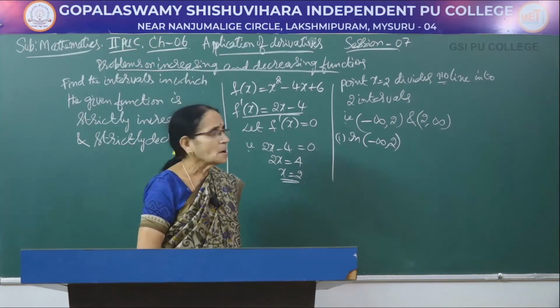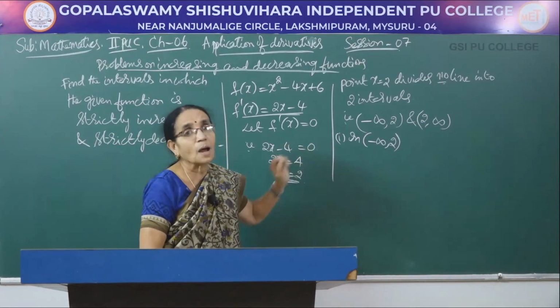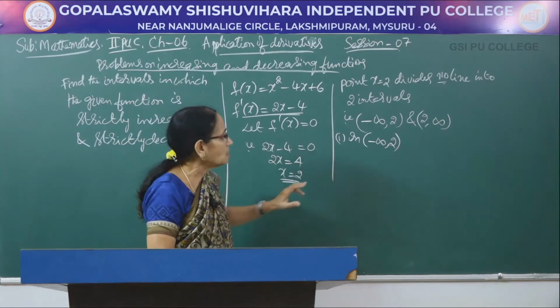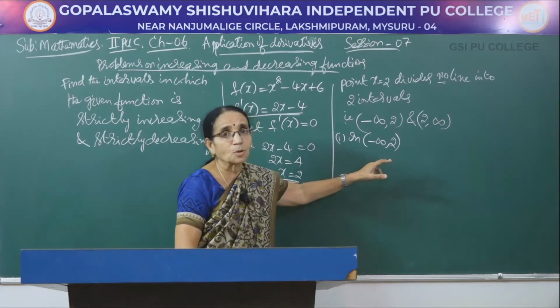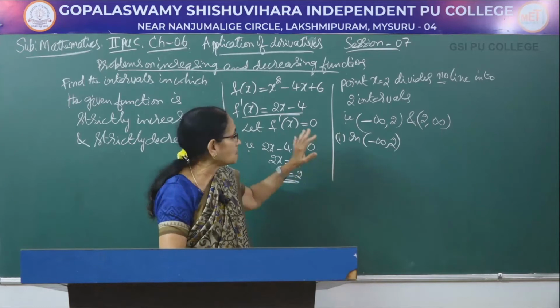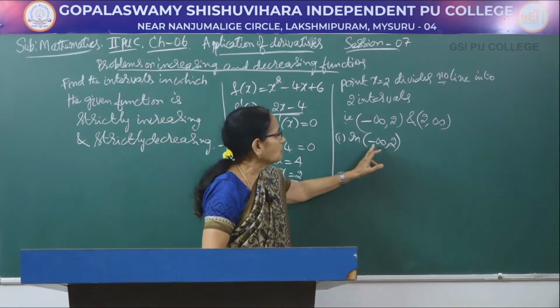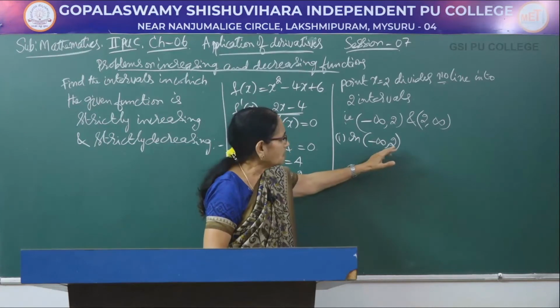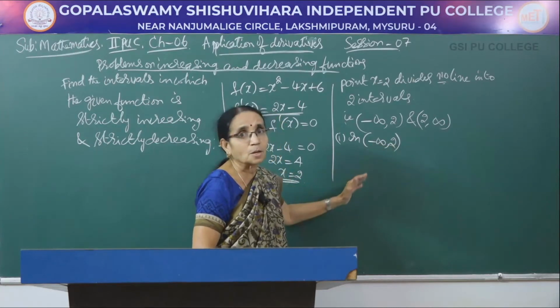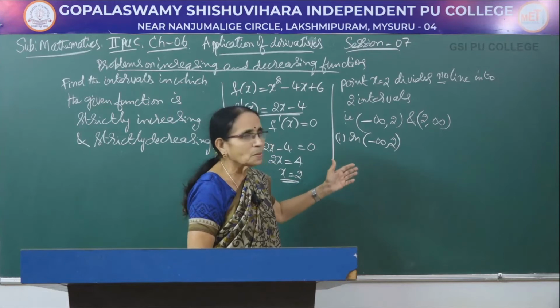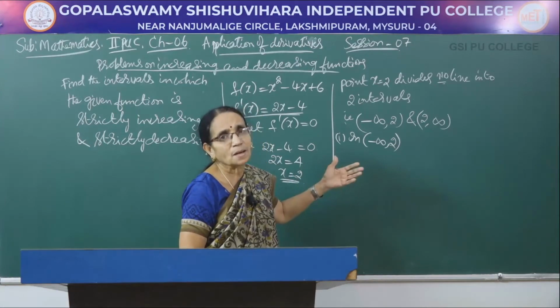For that, better you give a value which lies in that interval, so that you can write the exact conclusion here. Any value which belongs to this one, that is a number which is less than 2. Better, if it is possible, give an integral value.